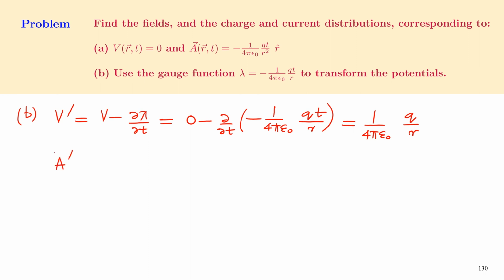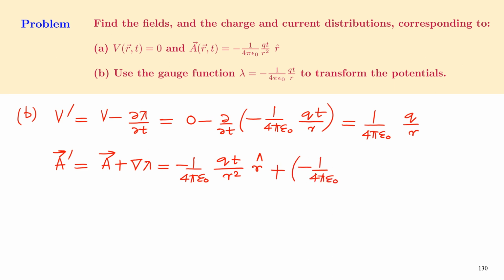Now we have the vector potential A prime, that is equal to A plus del lambda, and this is equal to negative of 1 over 4 pi epsilon 0 Qt over r square along r hat, plus negative of 1 over 4 pi epsilon 0 Qt then ∂/∂r of 1 by r, r hat.